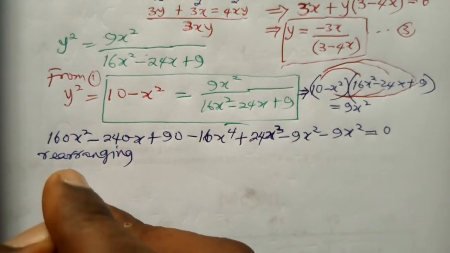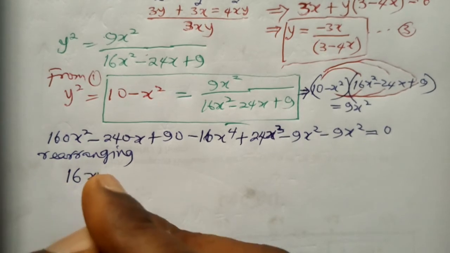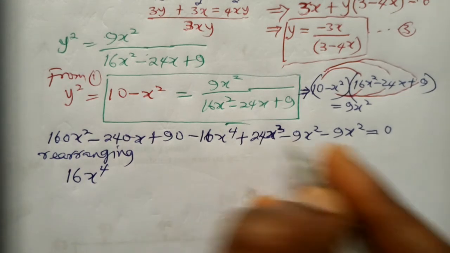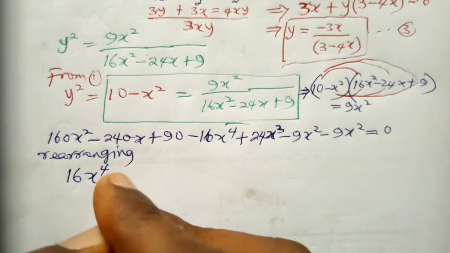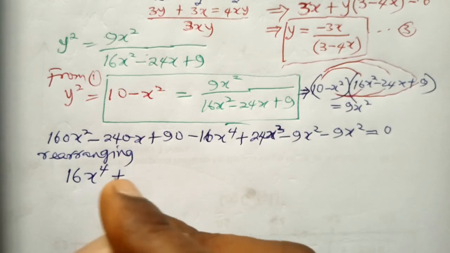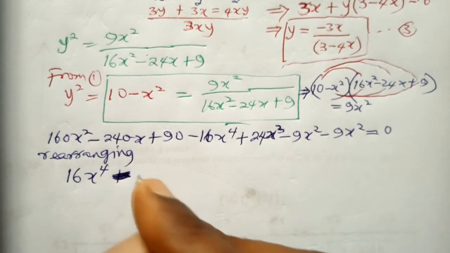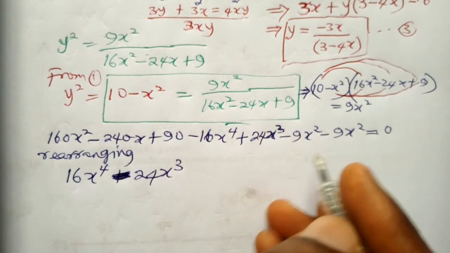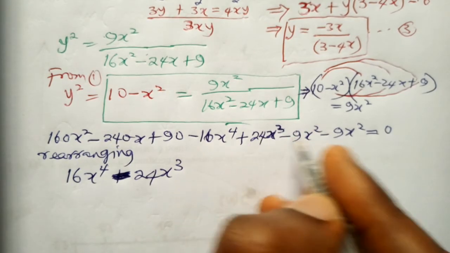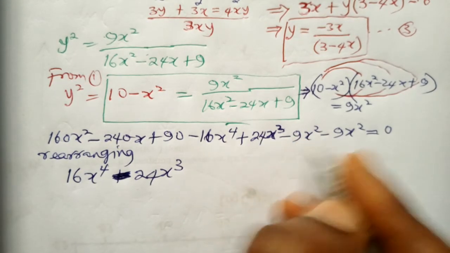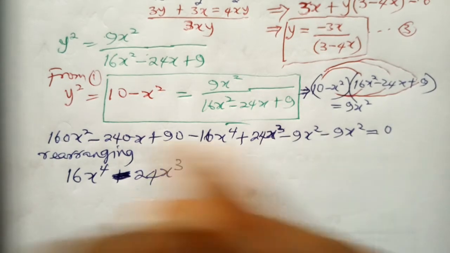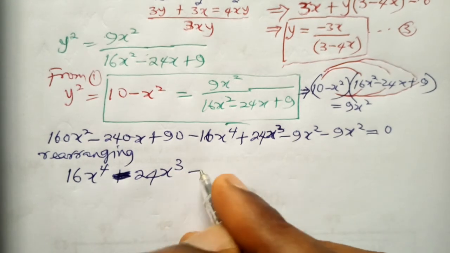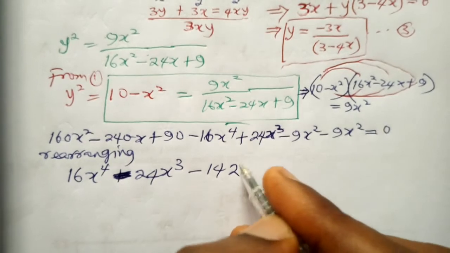We'll have 16x to the power 4, then minus 24x cubed. Next we look at the x squared terms: minus 18x squared and plus 160x squared, so it will remain minus 142x squared.